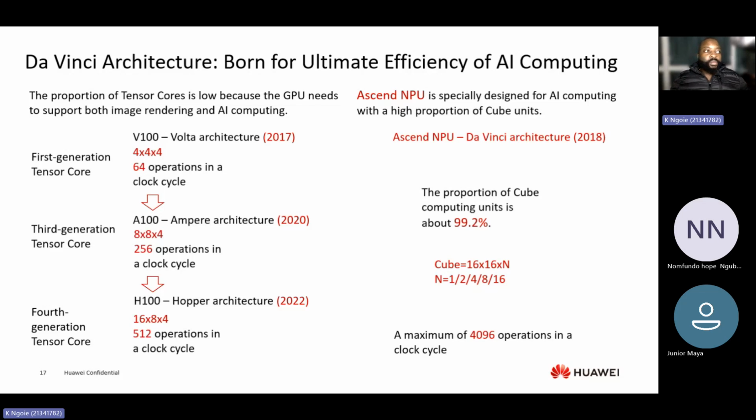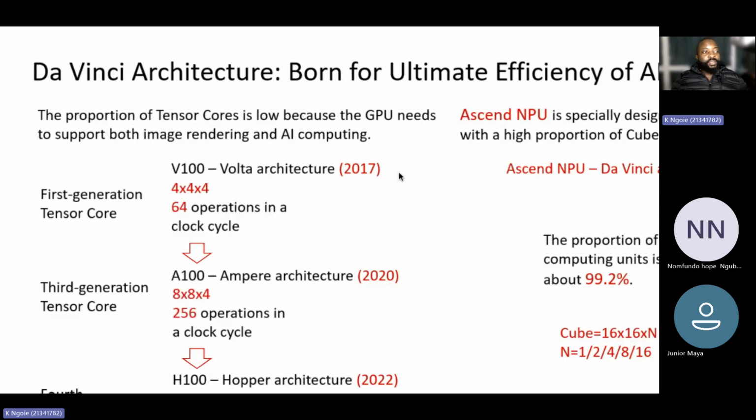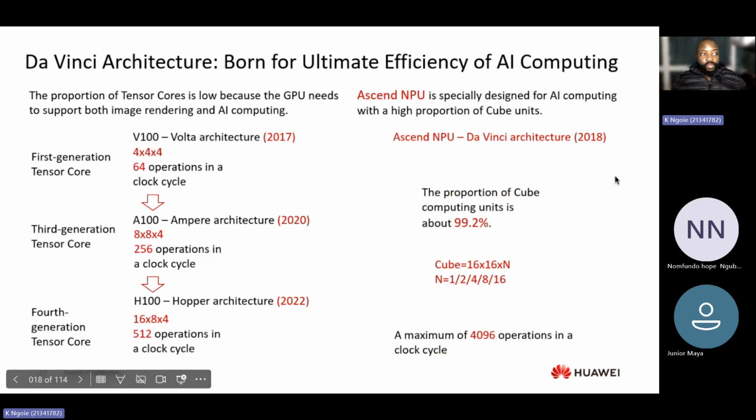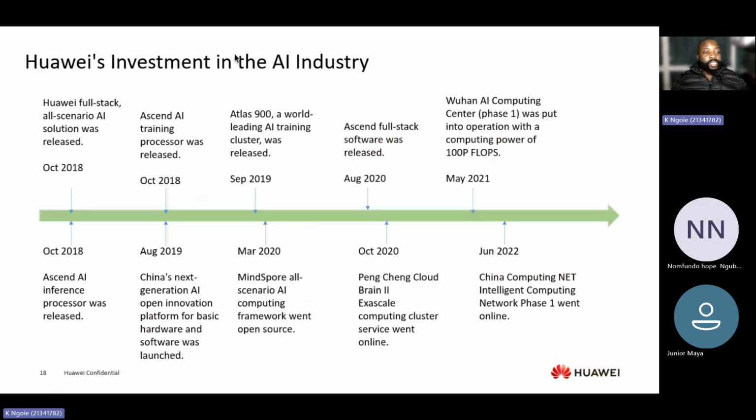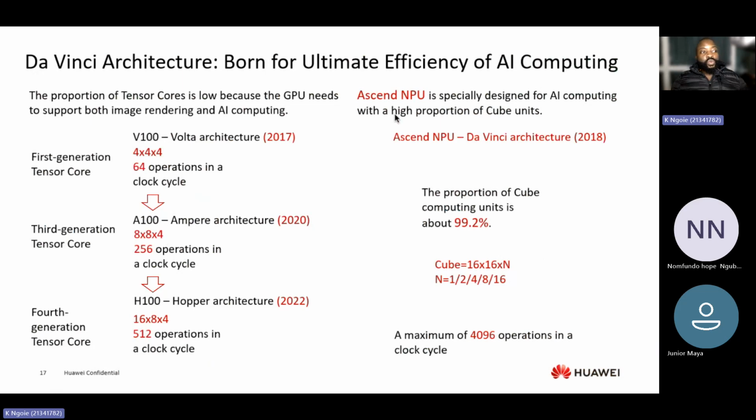Now when we talk about computing power, we have a well-known brand, which is the Ascend. So we'll talk more about the Ascend processors. The Ascend processors are the processors that are used for model training and model inference. The Ascend has many series.